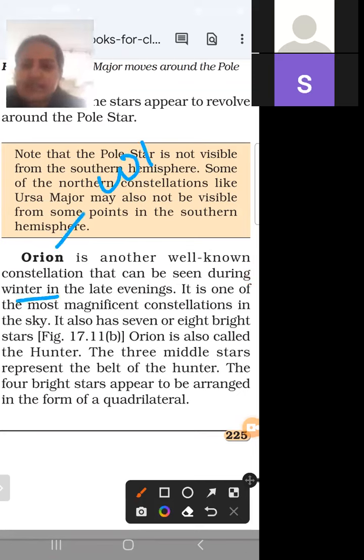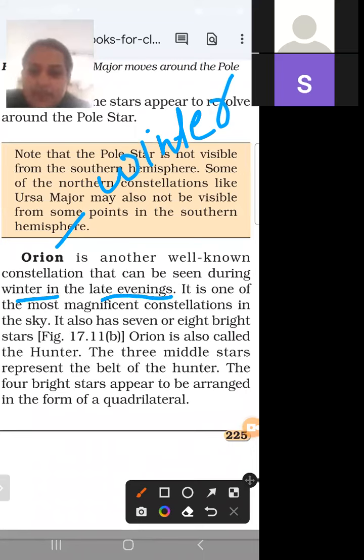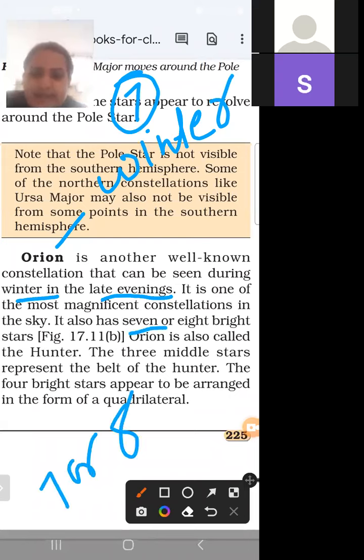Orion is seen in the winter, but Ursa Major is seen in the summer, at night. It is one of the most significant constellations in the sky. In Ursa Major there are 7 stars, but Orion has 7 or 8 bright stars.